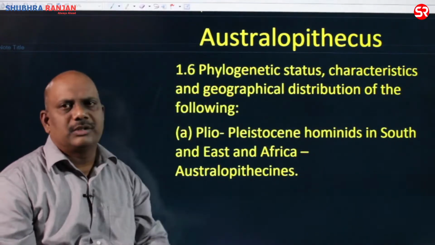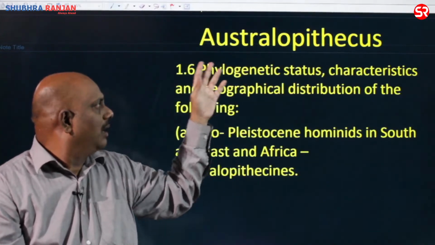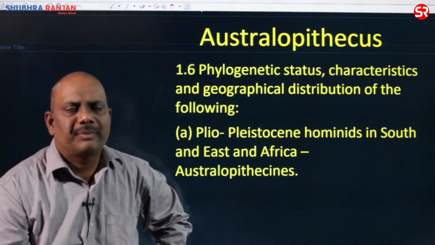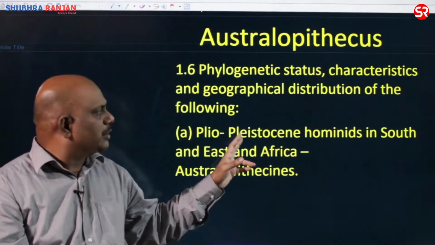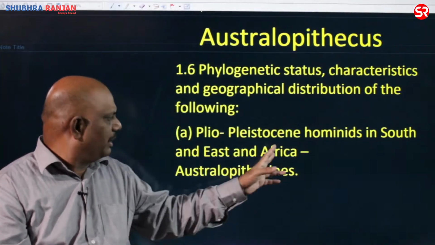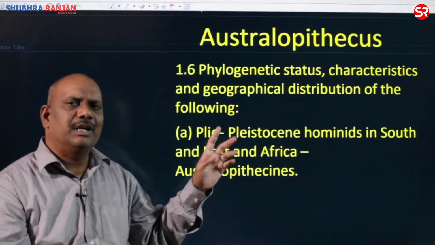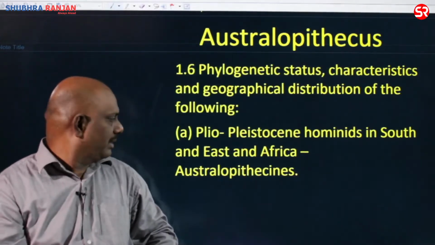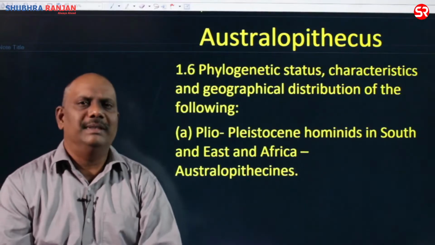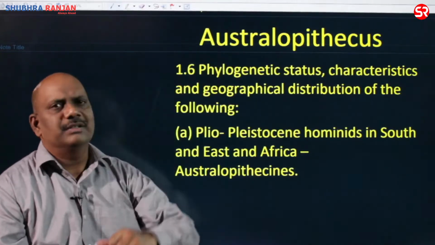Phylogenetic status, characteristics, and geographical distribution of the following: Pleistocene hominids in South and East Africa, not South and East and Africa, South and East Africa. Australopithecines. See, what do you mean by phylogenetic status?